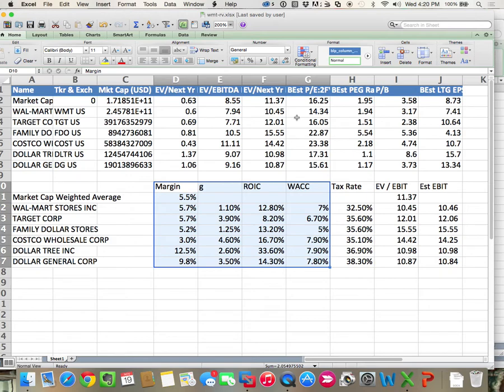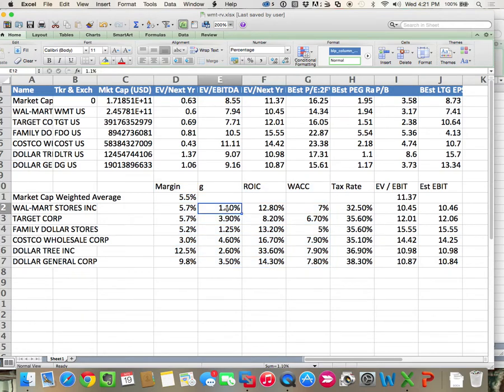So back to this. For this peer group, Walmart is trading at a little discount to the industry average multiples, particularly on EV to EBIT, EV to EBITDA, and PE, because they have the lowest growth rate in the industry at about an average level of spread. So really, Walmart is trading at a discount because they're not expected to grow long term. That's why Walmart is trading at a discount.